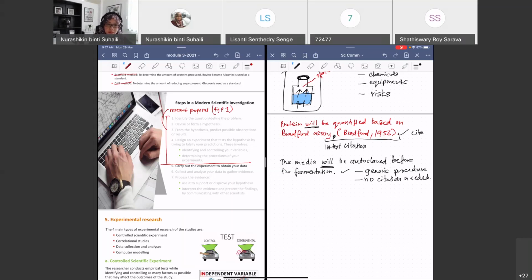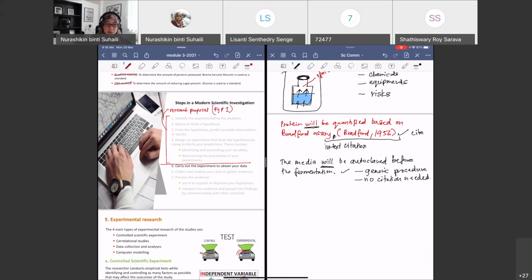With the proposal, it means that you know the background of the research, you know what you are looking for, you know the objective, you know the variables that you are going to control, you know the range of variables, the methods that you want to use, and of course from the methods, it means that you know what the chemicals, equipment, and risks are. It covers prior knowledge about the work that you're going to do before you enter it. So that information will be written in the research proposal.